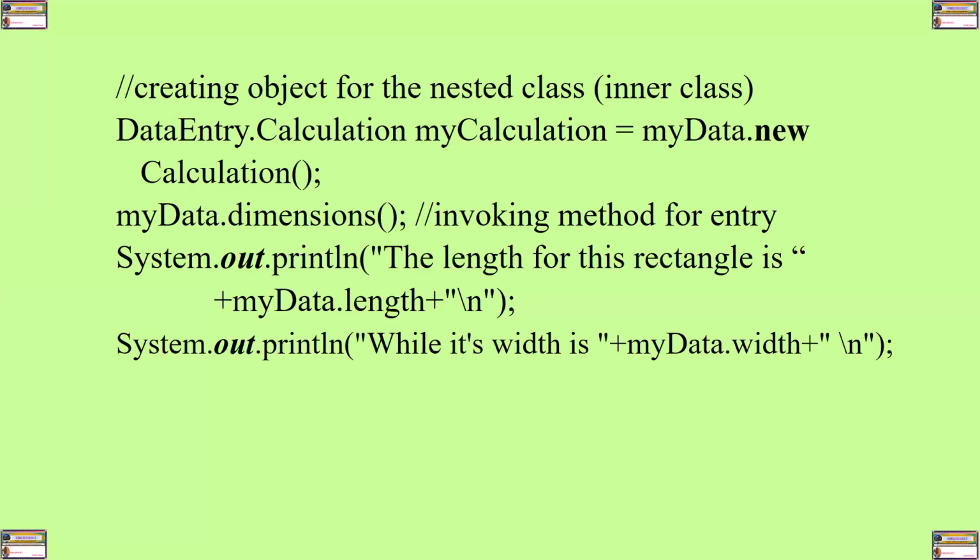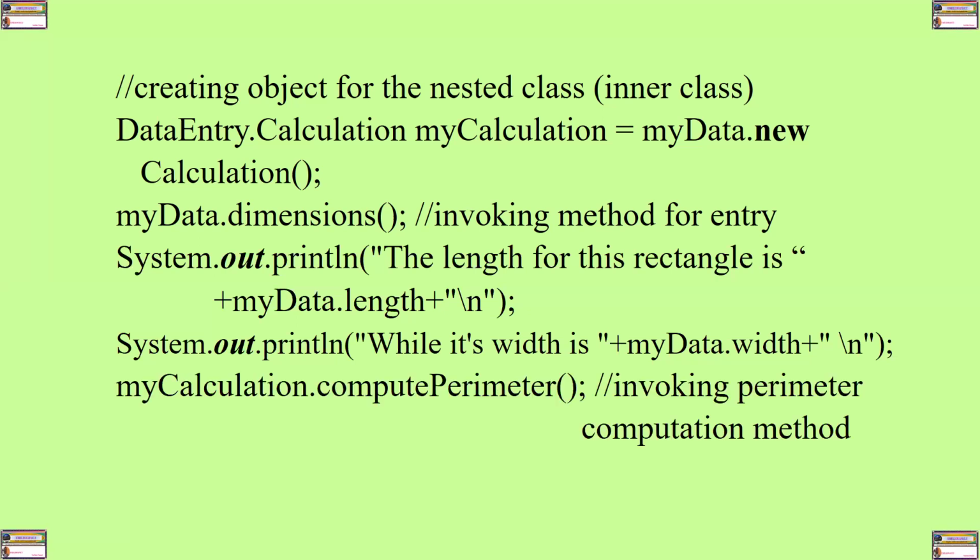While its width is: then the processor will go and read the content in the member called width, which is accessible through the object my data. That value will be read and displayed on the screen. Next, we invoke the perimeter computation method through the object called my calculation.